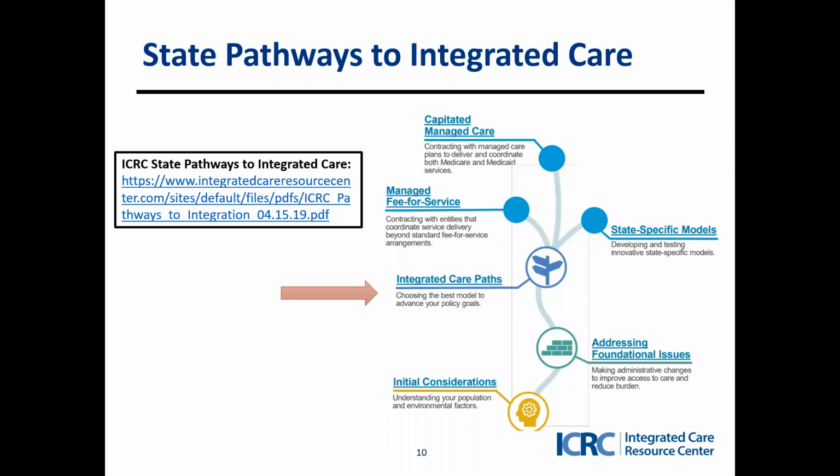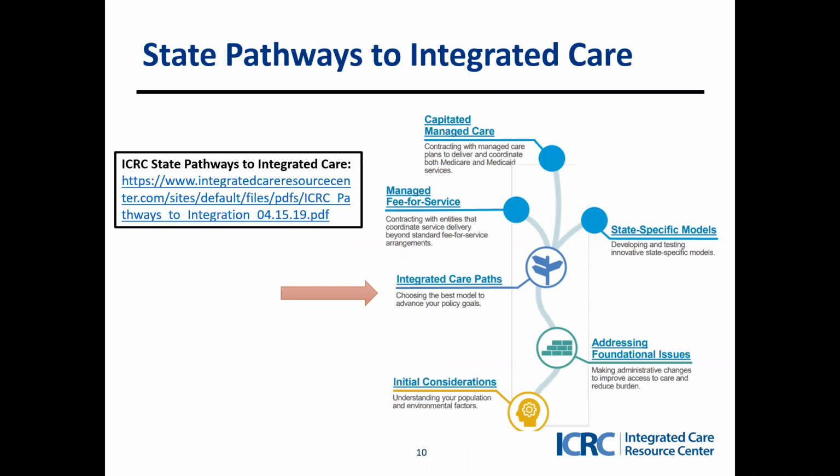This graphic right here basically just shows the roadmap of going through the initial considerations of who is your duly eligible beneficiary population, what are their needs, what is the current environment in which they receive care, and what are the potential opportunities that that environment presents for integration.